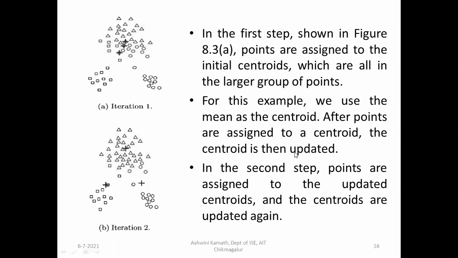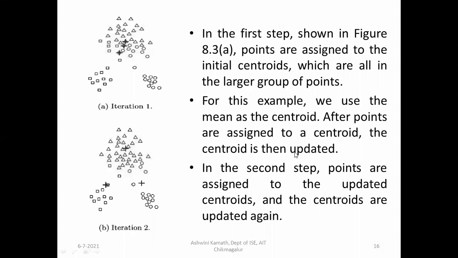In the second step, the points are assigned to the updated centroids and the centroids are updated again. Now you have found 3 centroids. After finding 3 centroids, all the data points which are close to the first centroid will be merged together with the first centroid. If the objects in group 2 are nearer to cluster 2, then they will form a cluster there itself.